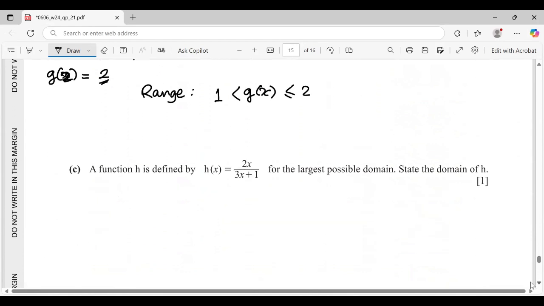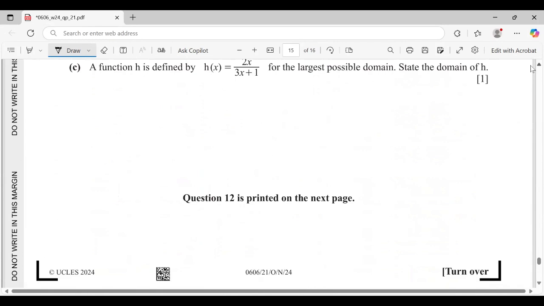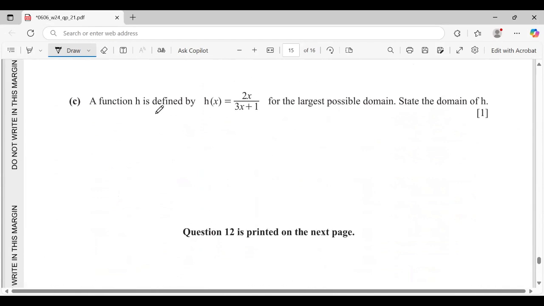C. A function h is defined by h(x) equals x over 3x plus 1. For the largest possible domain, state the domain of h. Right.